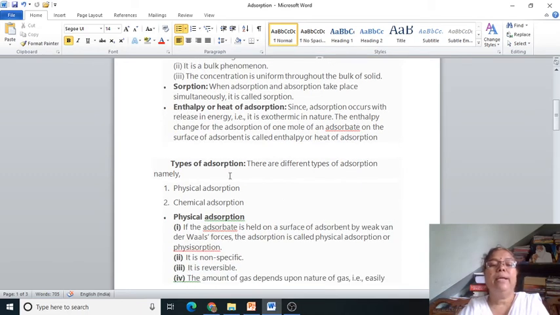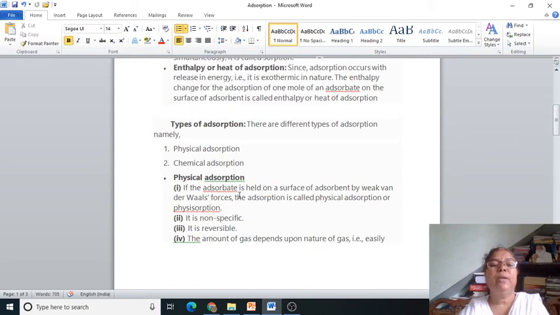Then the types of adsorption. As I have already told you, there are different types of adsorption, namely physical adsorption and chemical adsorption. Here, the characteristics of physical adsorption. If the adsorbate is held on the surface of adsorbent by weak van der Waals forces, the adsorption is called physical adsorption or physisorption.